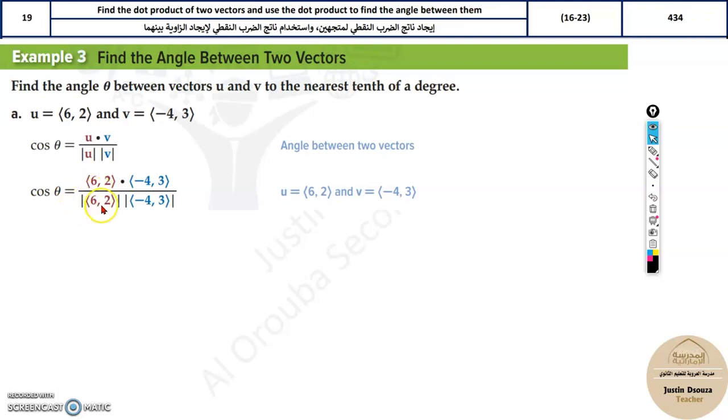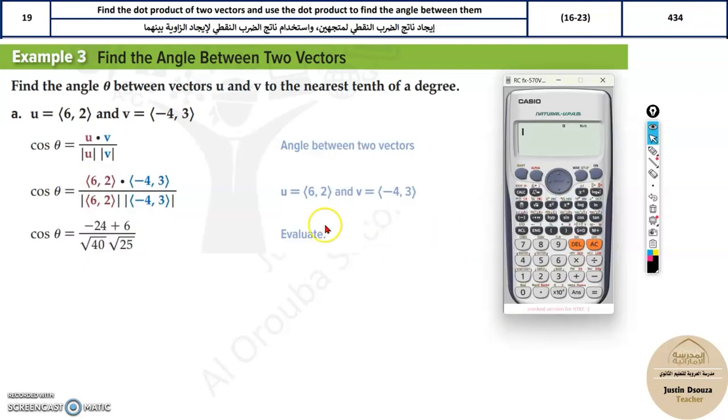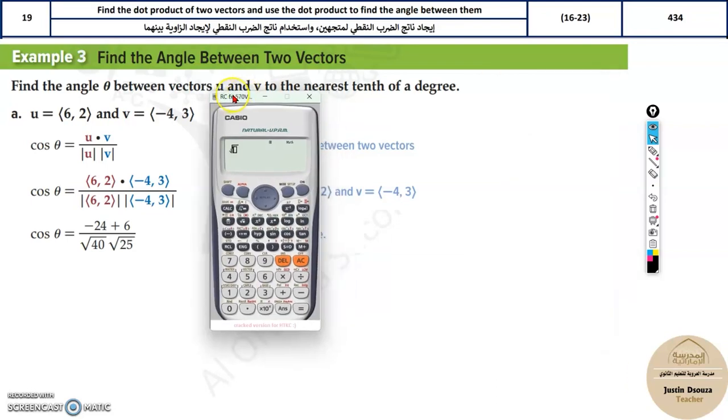So now all you need to do is multiply the first terms. 6 times minus 4 is minus 24, plus 2 times 3 is 6, divided by the magnitudes. If you're wondering how this came, it is the square root of 6 squared plus 2 squared, and that is 36 plus 4, which gives square root 40.